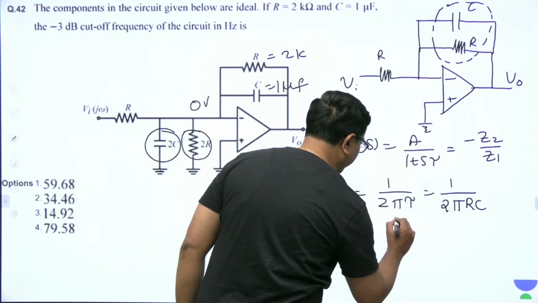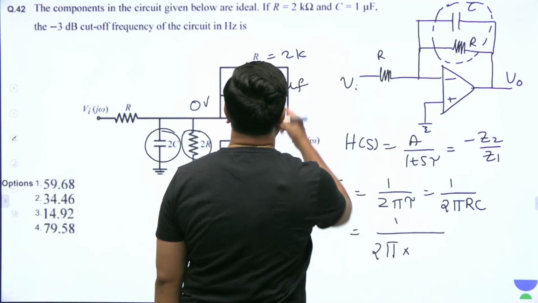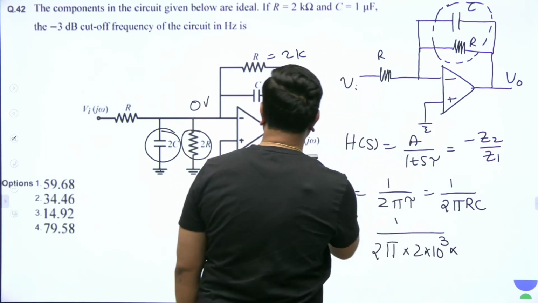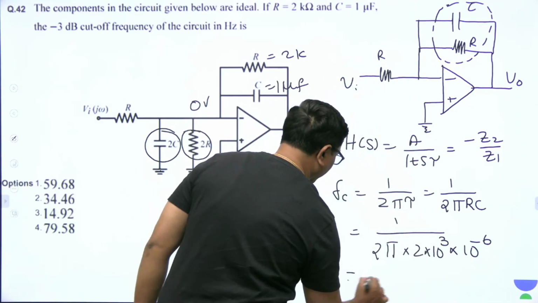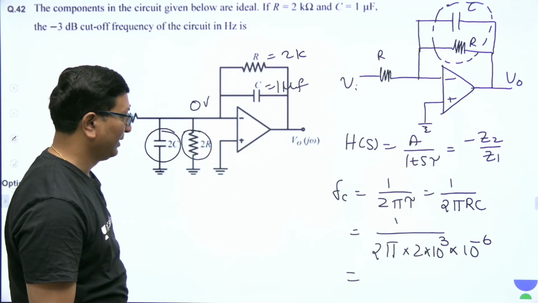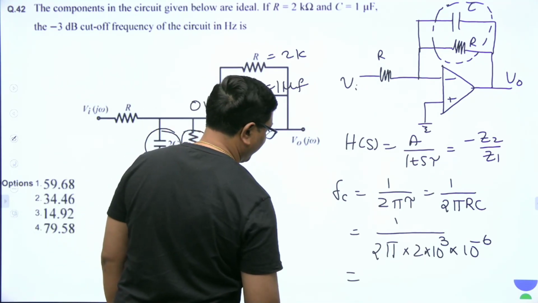So if you substitute those values, 1 by 2 pi into R, which is given as 2 kilo ohm, and C is equal to 1 microfarad. So if you substitute those values, how much do we get? 1000 by 4 pi, or 1000 by 4 pi means 250 by pi.